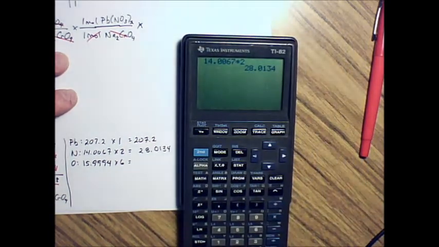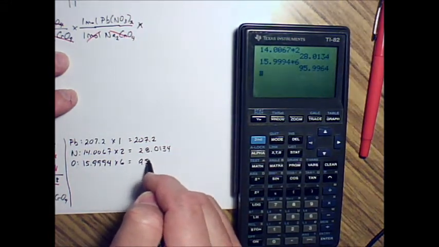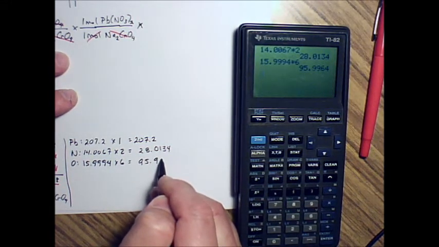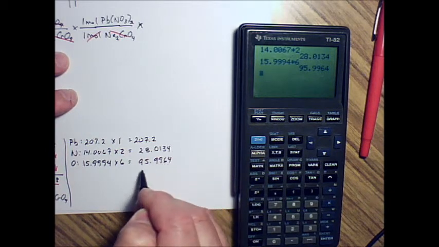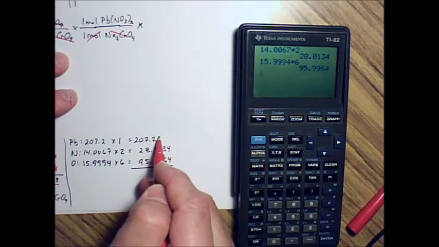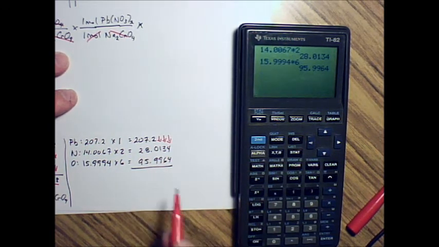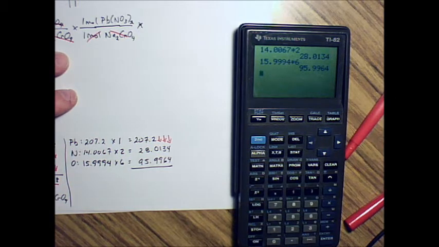And then we got 15.9994 times 6. Notice there are empty slots above these last 3 digits. That's important because I'm going to have to underline the last 3 digits and round off.